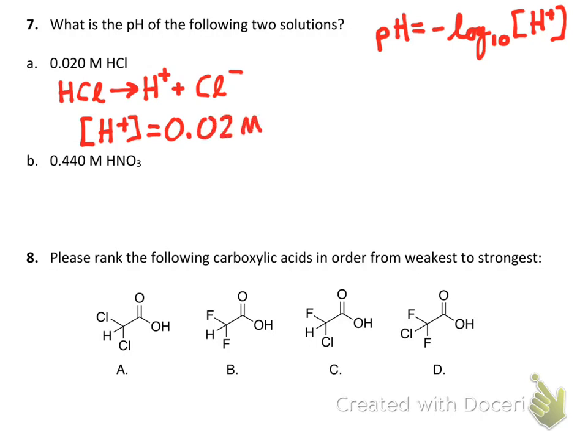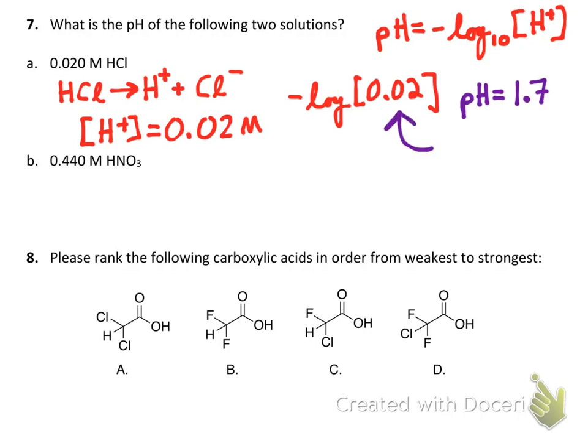Which means to find the pH of this, all we have to do is take the negative log base 10 of 0.02. And this will give us our pH of 1.7. When we take the log of 0.02, it ends up being negative 1.70. And then we just have to change that negative sign, so it becomes positive 1.7.